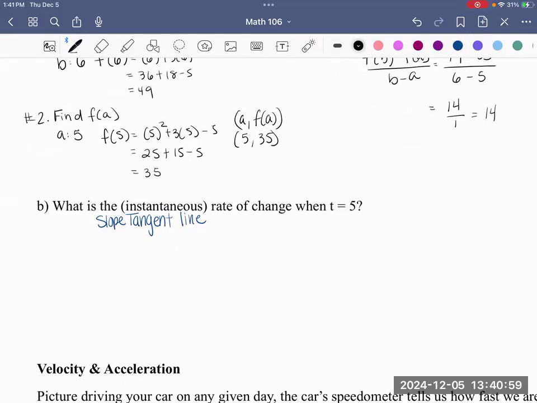So in our case, we want to take the derivative of your function. Our function was in t: t squared plus 3t minus 5. So if we're looking for the slope of the tangent line when t is equal to 5, let's go ahead and take your first derivative. See if you can pause here and take it over.